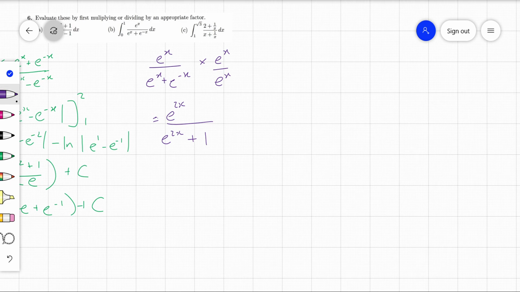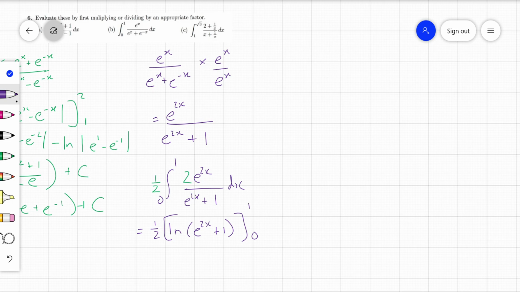So what I can do is change that integral. At the moment I've got this, but if I just times that by 2 and put a half out the front, I've now got the derivative of the bottom at the top. So we know that that is log of the bottom, which is already positive, and it's a definite integral.